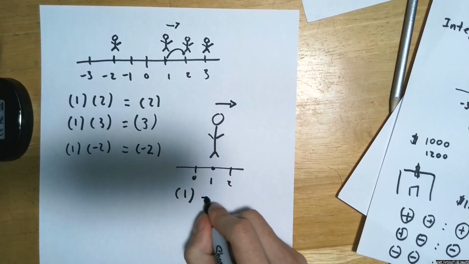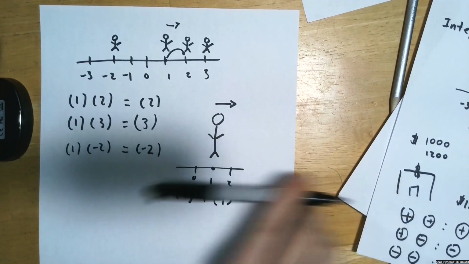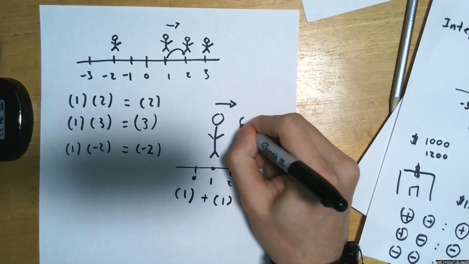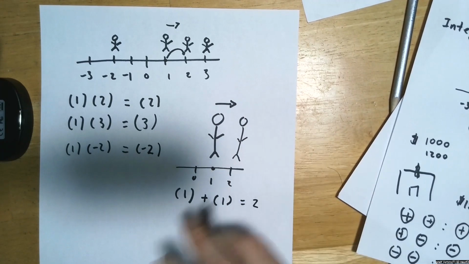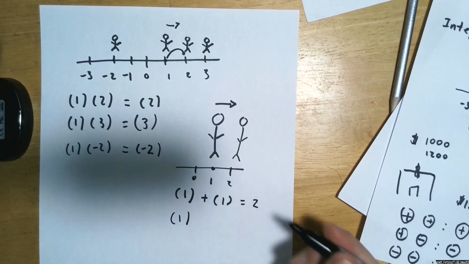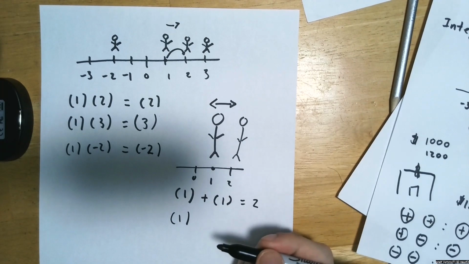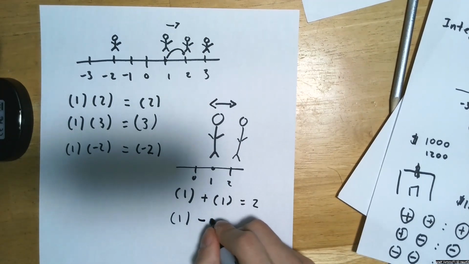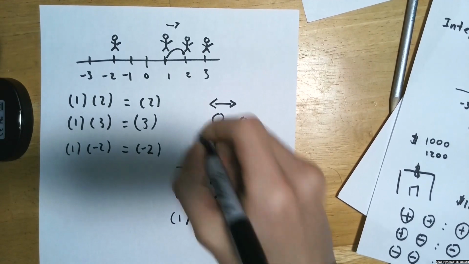Let's say you're adding +1. That means you're going to move right 1 step. And if you move right 1 step, you're going to get to number 2. But let's say you're at position 1 and you want to move backwards. How do you do that? Well, if you want to subtract a number, you can go to the left. So if you subtract 1 step, you're going to be at 0 now.